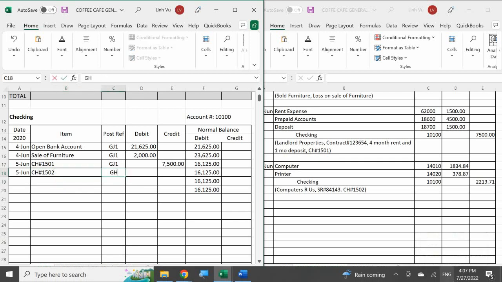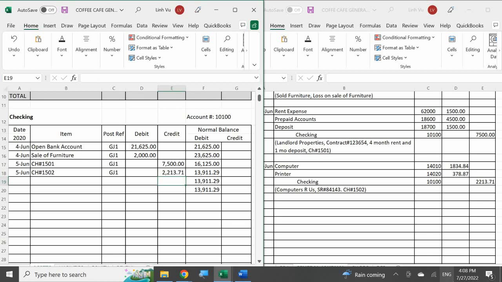That's going to subtract out $2,213.71, which will decrease my checking account. So let me double confirm. $2,213.71 is my checking on the credit side. So I have $13,911.29.